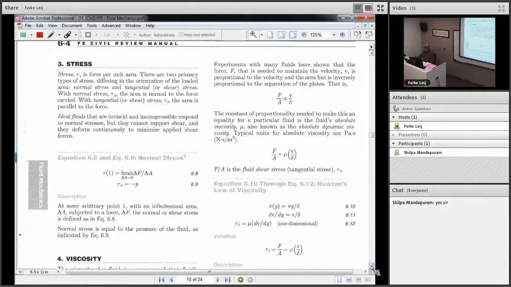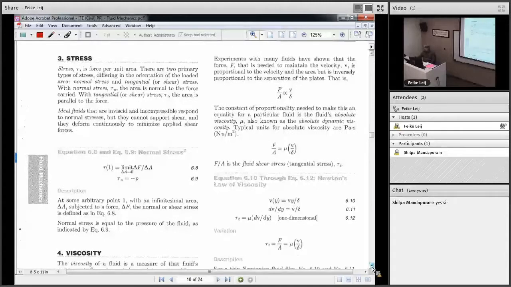If there is any change in velocity perpendicular to the direction of interest, the so-called tangential velocity profile, then we can figure out the shear stress based on the viscosity of the fluid.